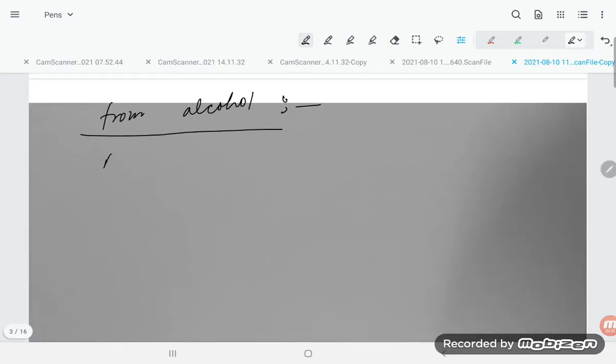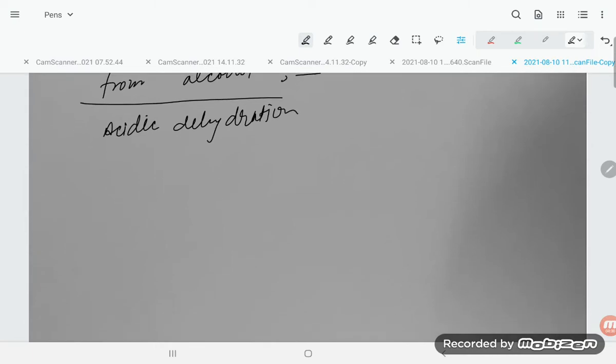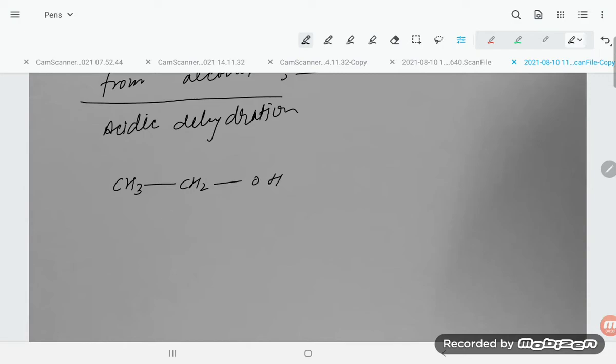Next, from alcohol by acidic dehydration. How can you prepare it? You take 2 molecules of alcohol, CH3CH2OH, and one more molecule of CH3CH2OH, and treat them with concentrated H2SO4.